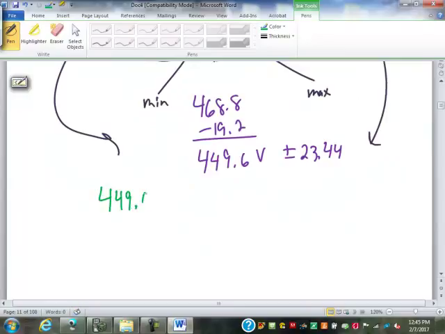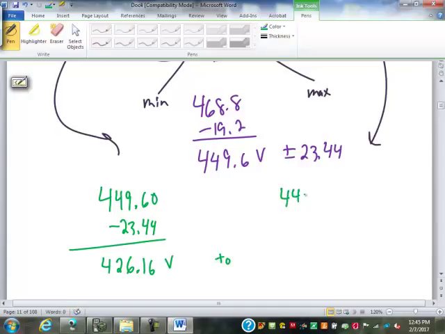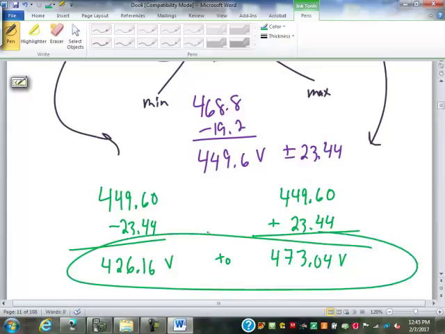So our minimum is 426.16 volts to our maximum 473.04 volts. Does that make sense?